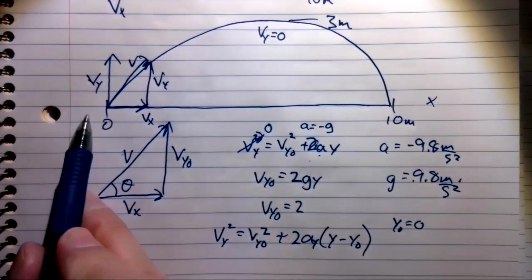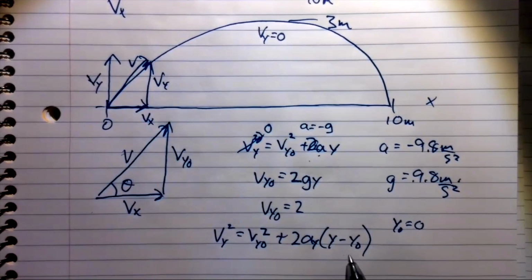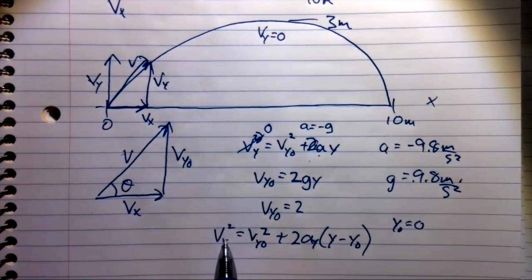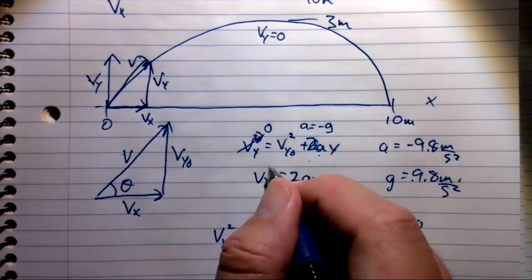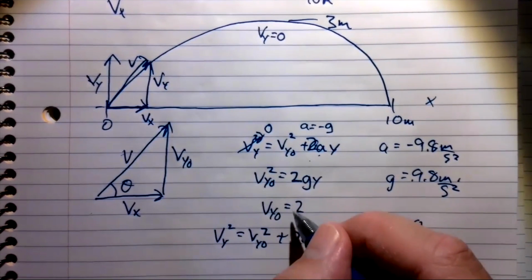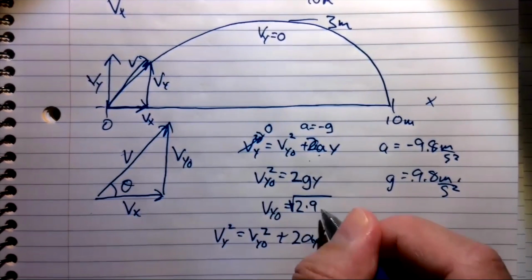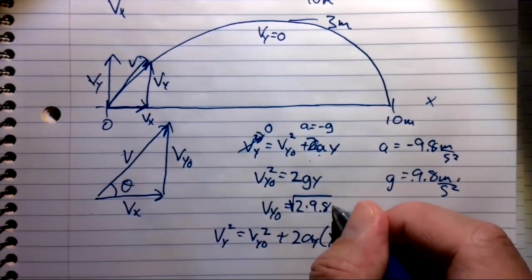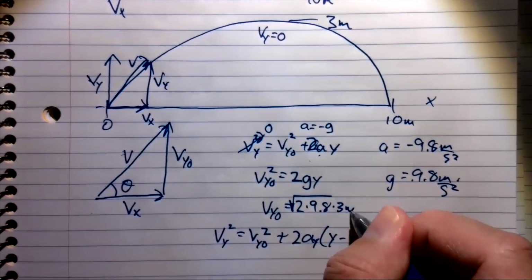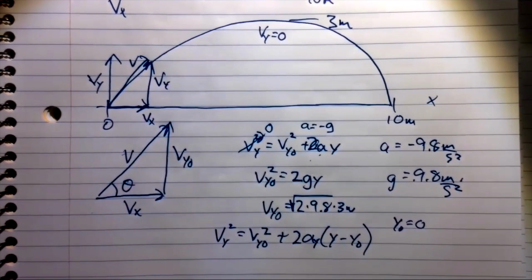Here's our equation. Vy at the top goes to 0, and we're going to solve for Vy0. So when we get Vy0, we're going to take the square root of 2 times 9.8 times 3 meters, with meters squared per second squared there. Okay, so we're going to plug that into Mathematica.